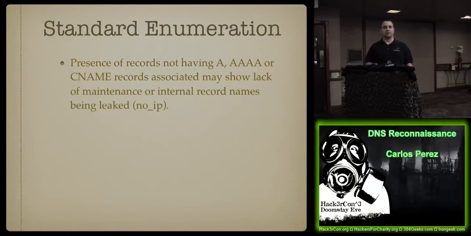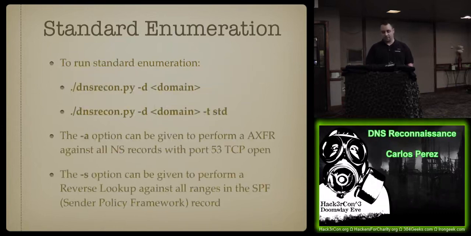With this, I can identify many times when they're using, let's say, acme.com as their external infrastructure, and then corporate.acme.com as the internal one. I can find this information just by looking at these records that actually failed, but do exist. They do have an entry, but the IP address could not be gotten from it.